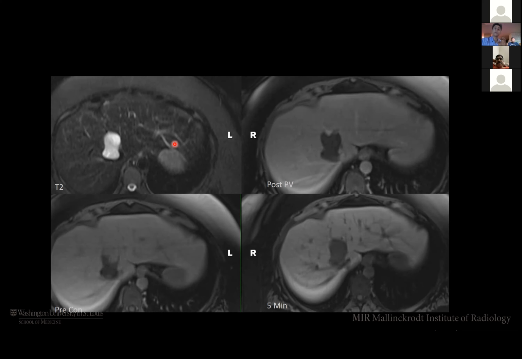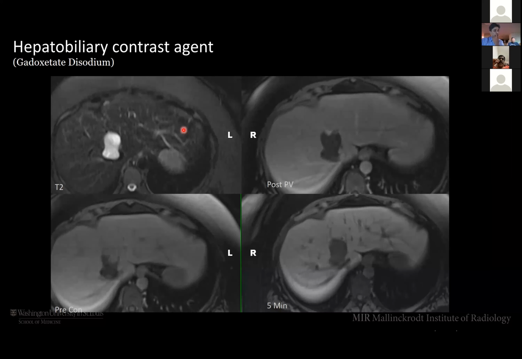So you need to be aware of this fallacy: if you're using a biliary contrast agent, particularly Eovist or contrast agents, 50% of which is excreted into the bile ducts, hemangiomas may not fill up. So just be aware of that as you make the diagnosis or evaluate these patients with MR.